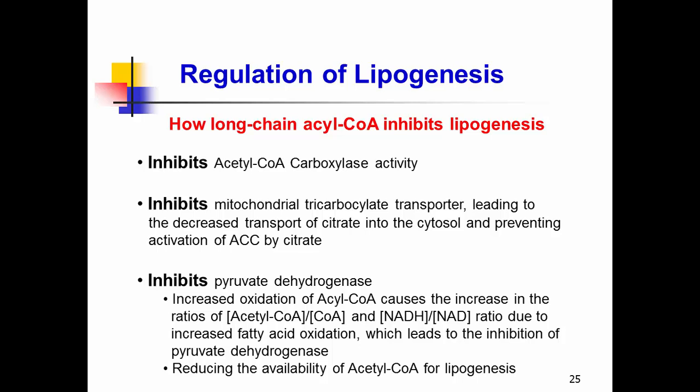And long-chain acyl-CoA inhibits lipogenesis, and the mechanisms involve these three processes, right? It inhibits ACC activities, inhibits tricarboxylate transporters and reduces citrate levels, and inhibits pyruvate dehydrogenase and decreases the acetyl-CoA levels, right? Any questions about this process? Okay.